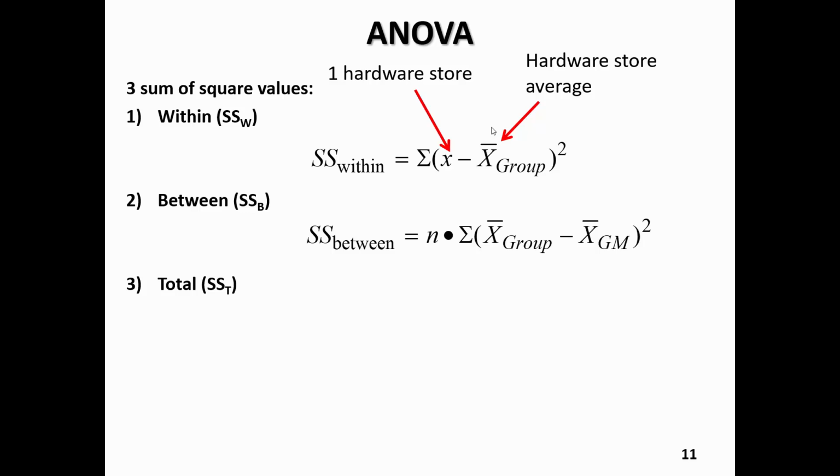The shortest calculation here is the sum of squares between. As the term suggests, it has us computing a measure of variability between the groups.